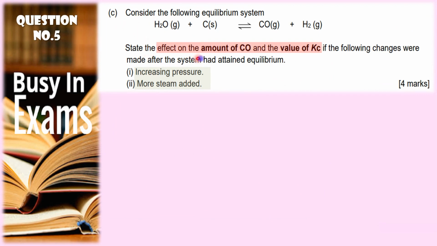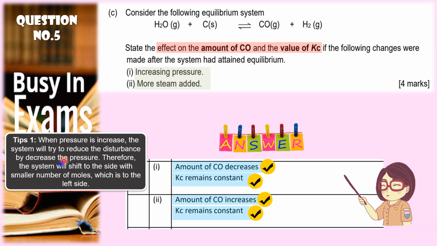Okay, next, part C, 5C. State the effect on the amount of CO and the value of Kc of the point changes. So this is simple answer. So tips why we get this answer. So when the pressure is increased, so pressure here is referred to the total pressure. Okay, the system will try to reduce the disturbance by decreasing the pressure.